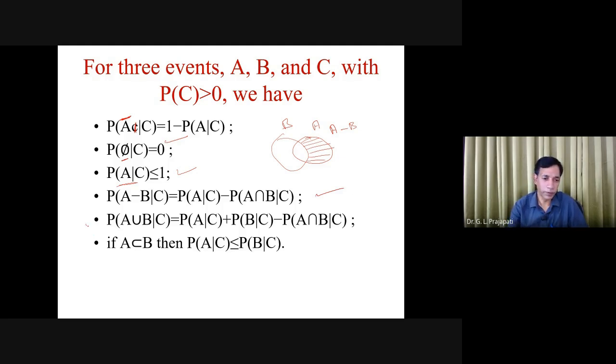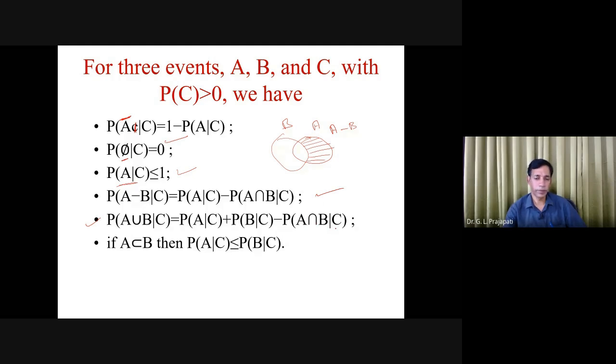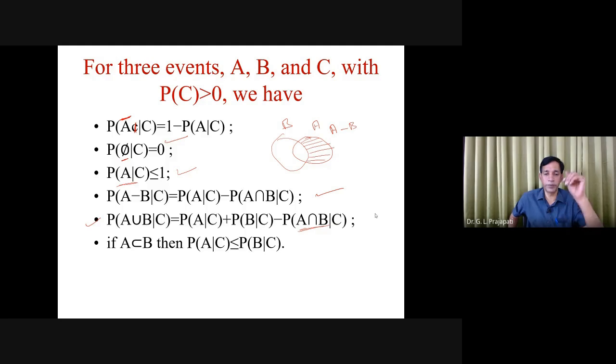And this is also important: the probability of A union B given C is the probability of A given C plus the probability of B given C minus the probability of A intersection B given C. You have seen earlier in the OR operation, A or B means the probability of A plus the probability of B minus the probability of A intersection B. But here you have to incorporate the given C. The same thing is there, but you have to incorporate the additional information.